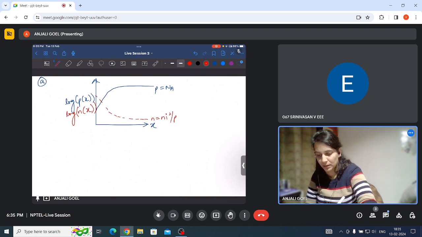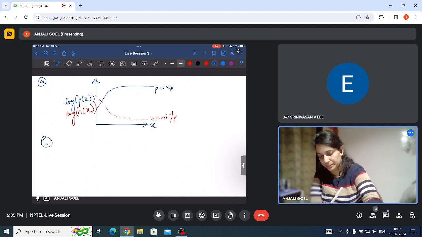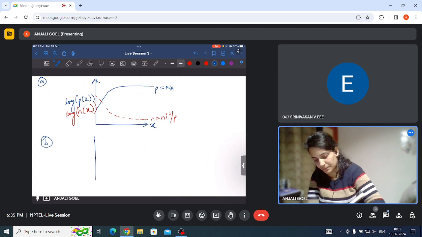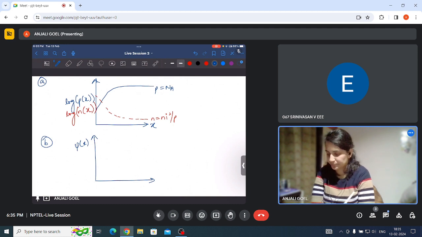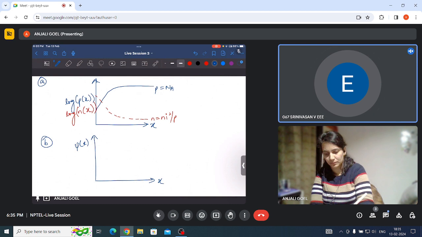Okay, so now the B part, electrostatic potential. Electrostatic potential and electric field will have the same graph, but in the minus direction, right? Since they are both proportional.